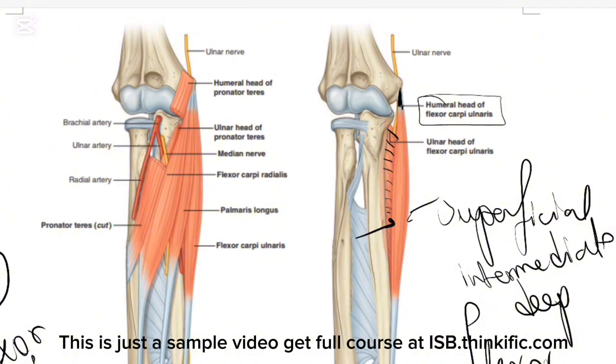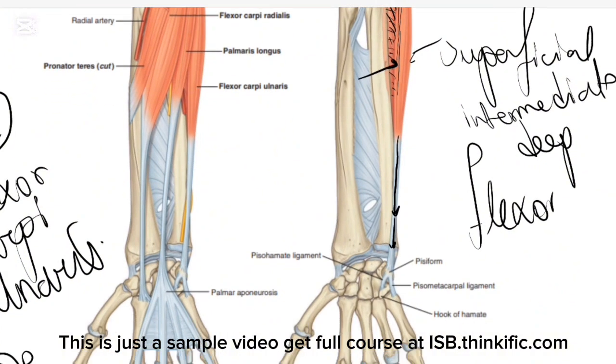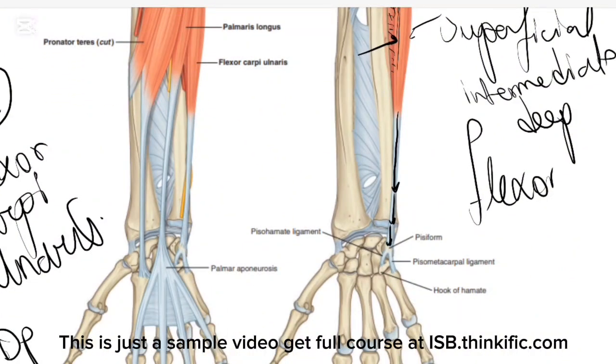This is called the ulnar head. Now, this deeper ulnar head and the humeral head merge into one muscle. And it then forms a long tendon which passes distally, and then it attaches to the pisiform. It attaches here to the pisiform bone.